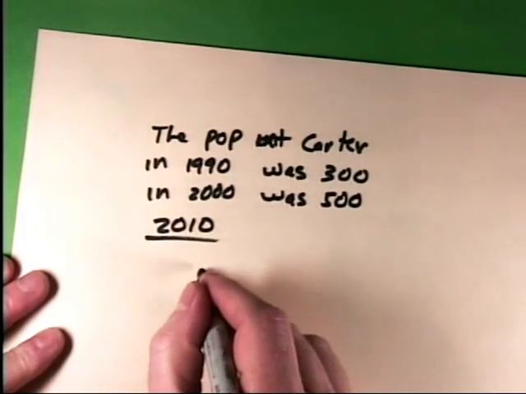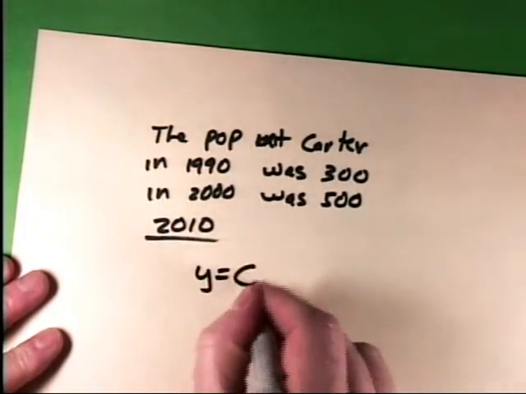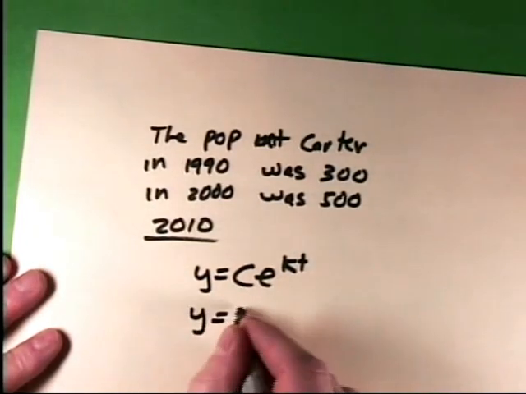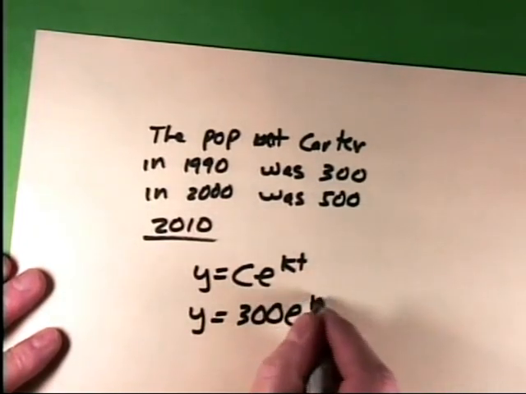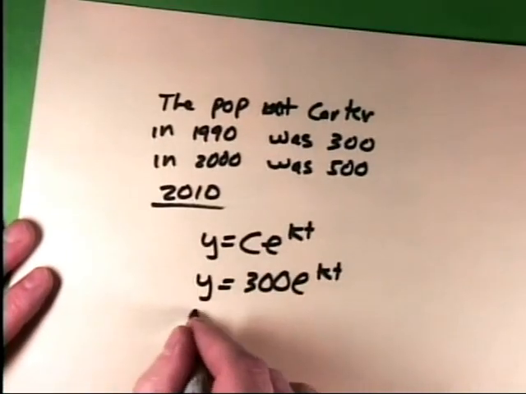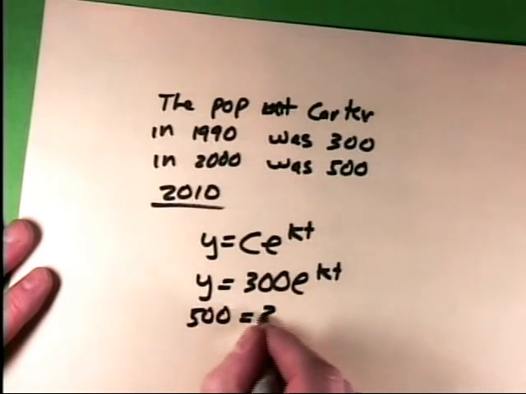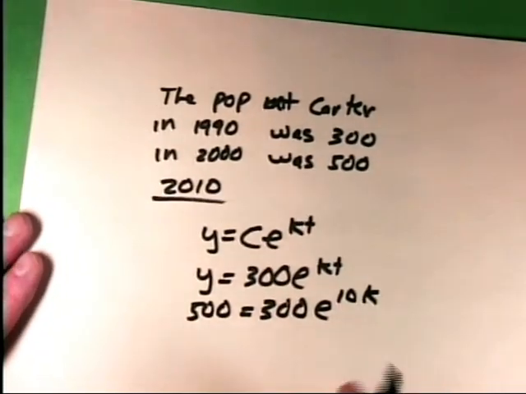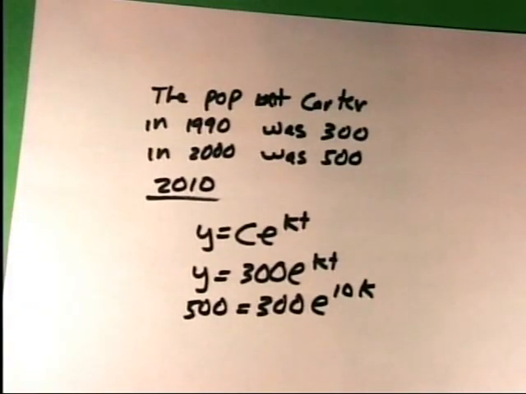Okay, so we know this is y equals c e to the kt, so we know c is 300, so y is 300 e to the kt, and we know that when t is 10, y is 500, right? So we got 500 equals 300 times e to the 10k. Now what do we do from there? Divide both sides by 300.